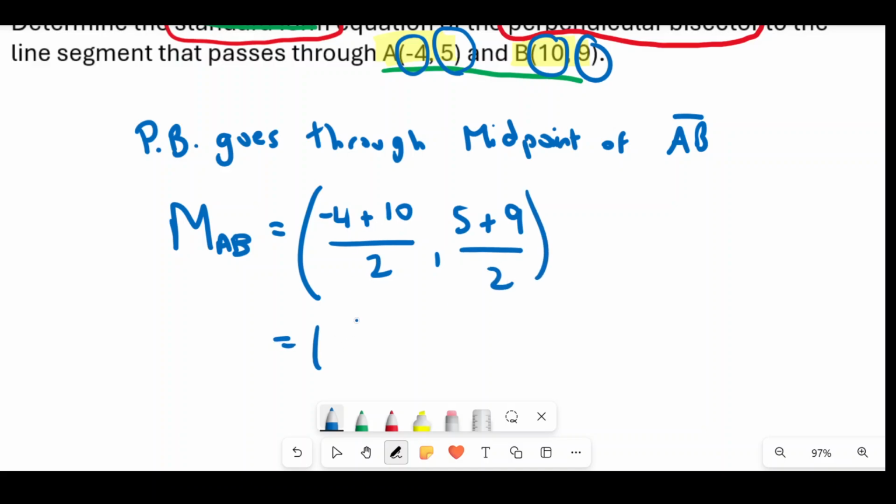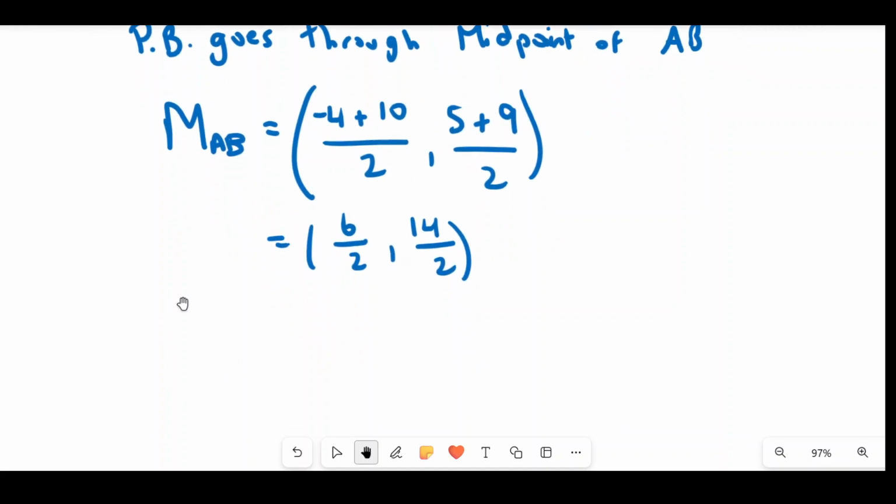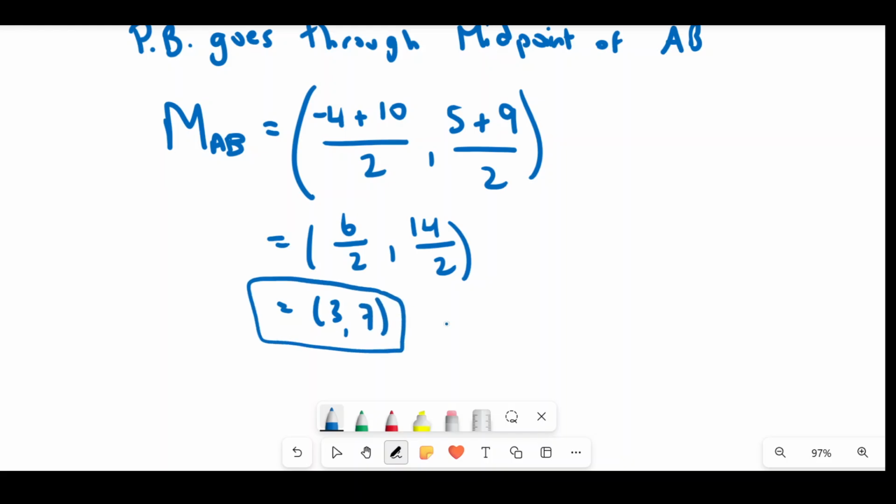So I have negative 4 plus 10 is 6 divided by 2, and 5 plus 9 is 14 divided by 2. And if we simplify all those fractions, we end up with a midpoint which is (3, 7). This midpoint is the midpoint of AB, over on the side visualizing. So I know where the midpoint of AB is. It's right here at the point (3, 7).